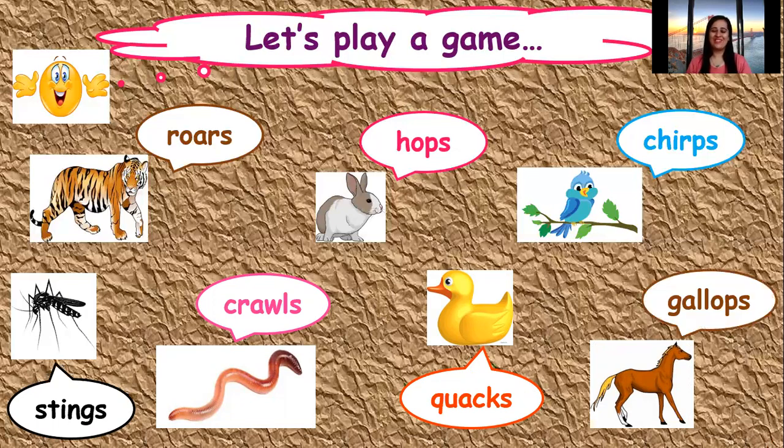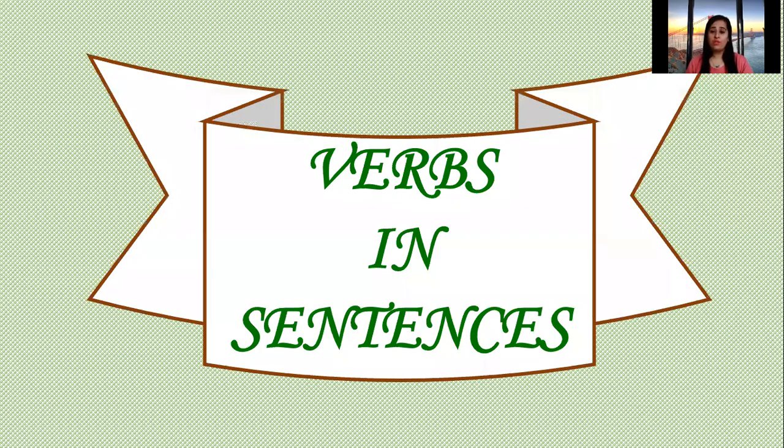Very good. Good going. Okay, now we have understood what verbs are. Now let's see how they are used in a sentence. And children, if you want your written English and spoken English to be very good, you have to take care of the usage of verbs in sentences.